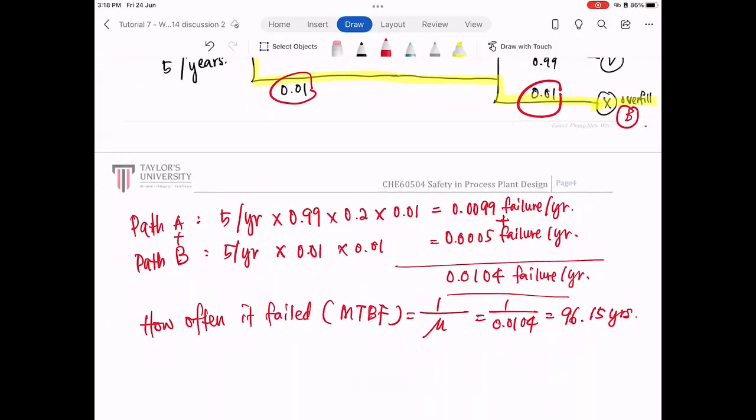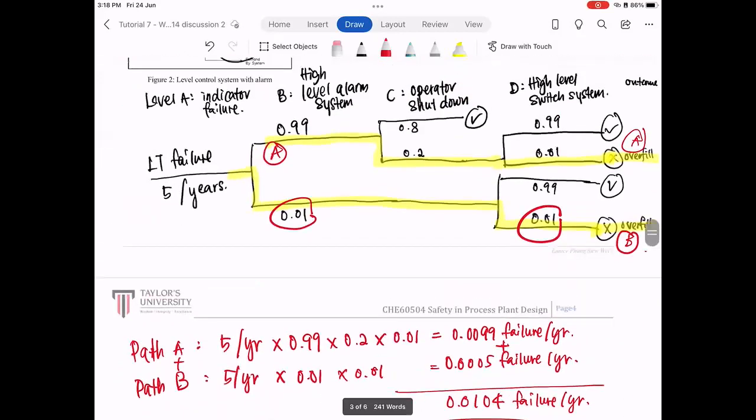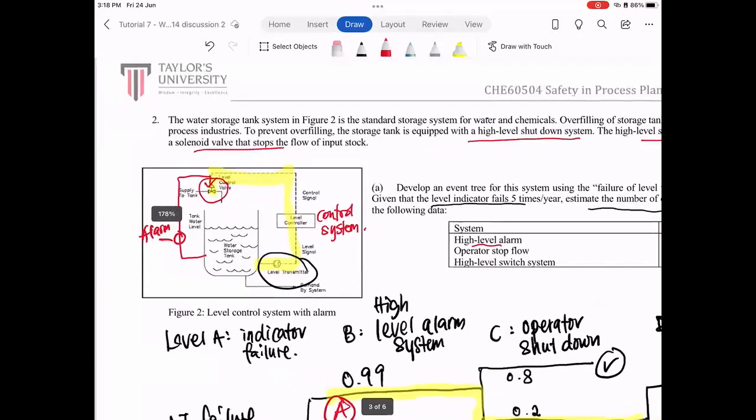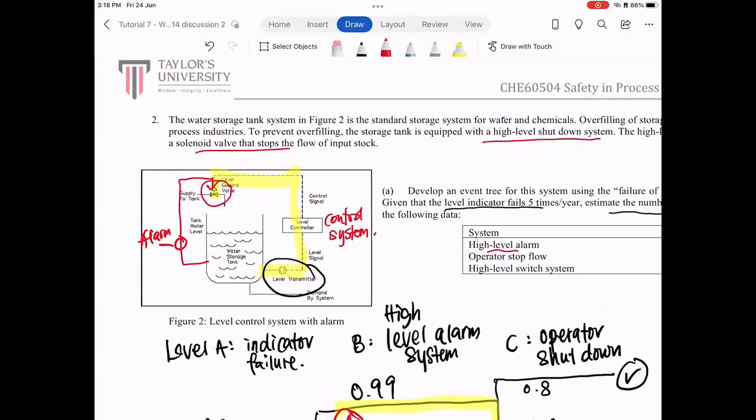So for a company that has run 20 years with the system that the engineer put in, sometimes the company will say, do I still want to maintain this alarm? Do I still want to maintain this high-level shutdown system? Because maintaining it every year, I have to pay 20K just to change the alarm, just to update the shutdown system. Sometimes the company may decide not to do that. So let's take a look at what will happen, because as an engineer, it is our job to say, can we do that or can we not do that?